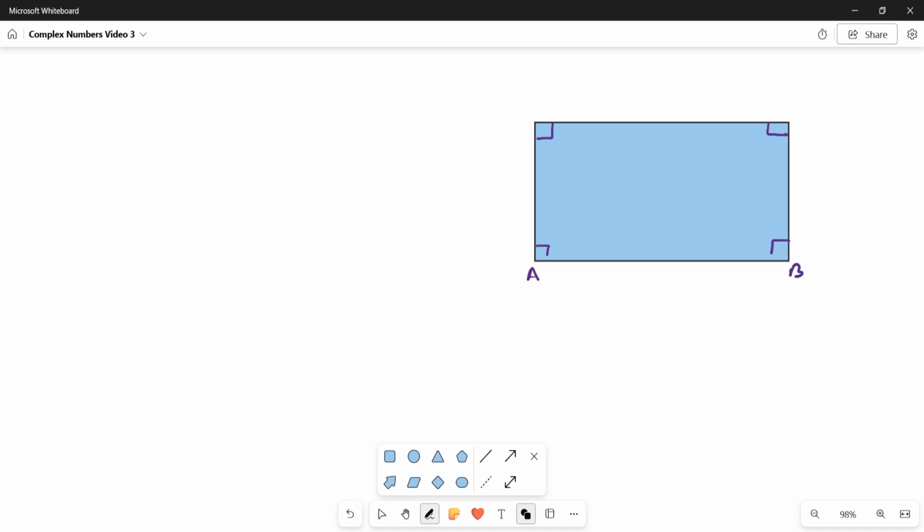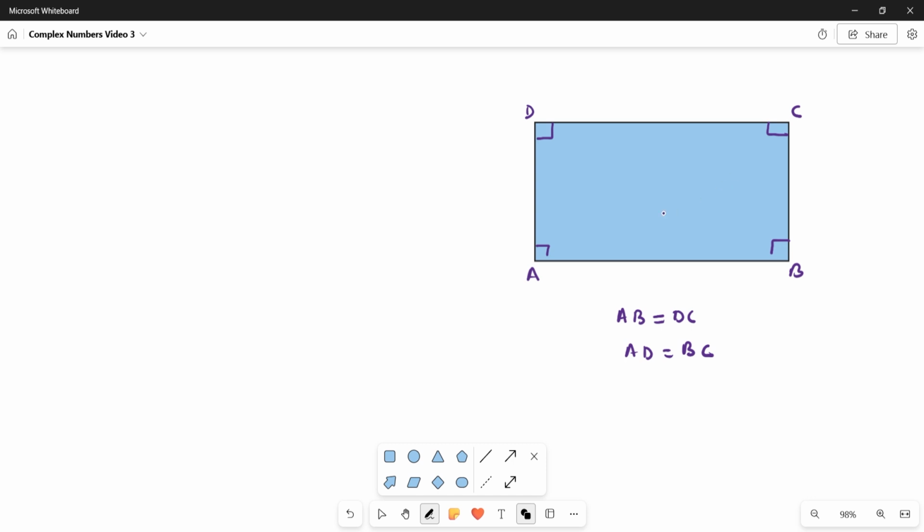Now the eighth, in case of rectangle, angles are of 90 degrees. Number one, opposite sides are equal. AB is equal to BC. AD is equal to BC.